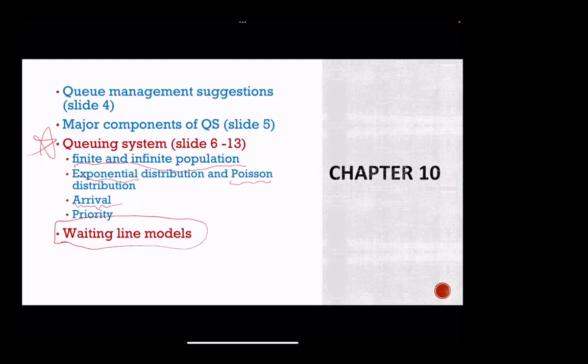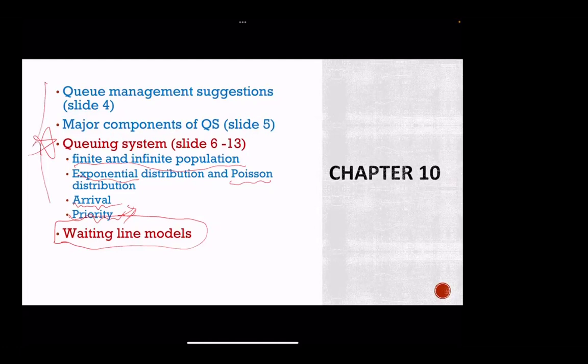And the arrival and the priority, like how we decide, whether it's first come, first served or others. This decides how we calculate the probabilities or the waiting time to measure our service in terms of waiting.